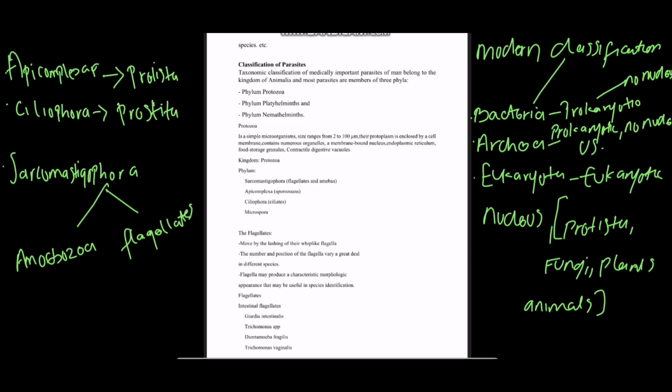In modern classification, the subphylum Sarcomastigophora split into the amoeba and the flagellates, still under the kingdom Protista. We are together to this point, right? My board is filled up, let me wipe it off.